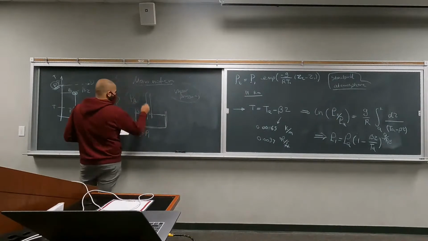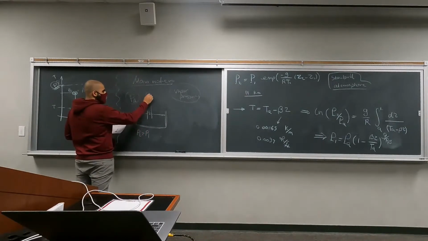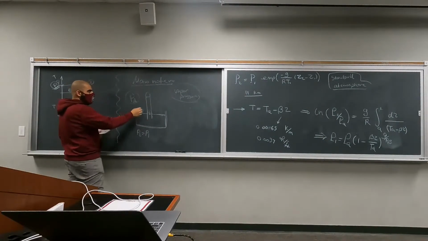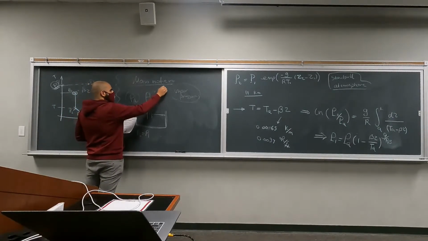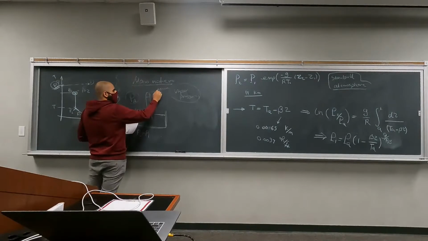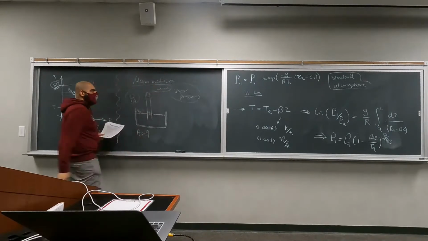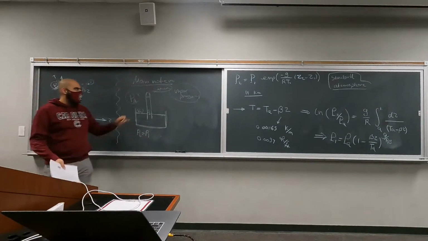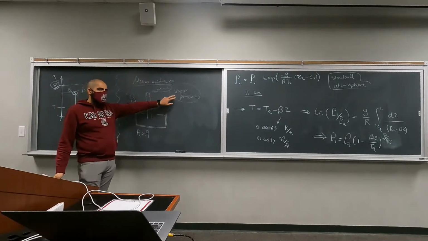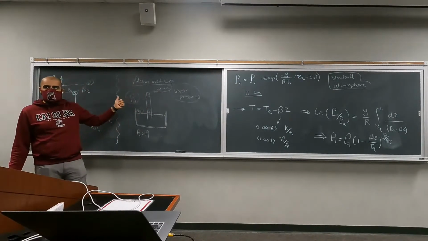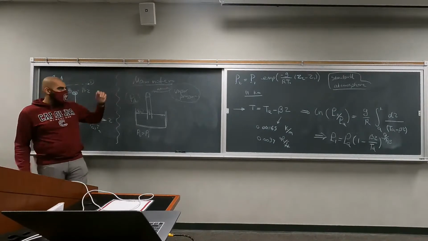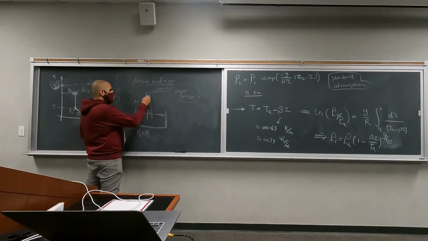And what it told us was that if you have this type of setup, you're going to get a vacuum type thing here, very close to vacuum. And the pressure you're going to feel here is called the vapor pressure. But since it's close to vacuum compared to the atmospheric pressure, we're just going to neglect it. The only thing we're going to get from here is the height.